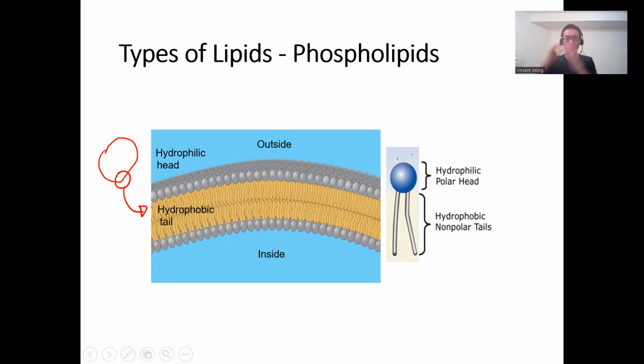But sandwiched between the 2 layers of hydrophilic heads would be the hydrophobic tails. That creates a barrier to help regulate what goes in and what comes out of the cell. Things can't just go in and out on their own without regulation, because it's not good for the proper functioning of the cell. We will learn more about the cell membrane in lecture 4, I think.